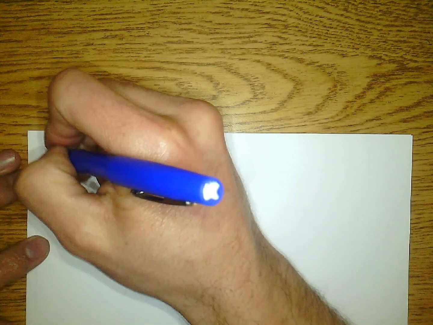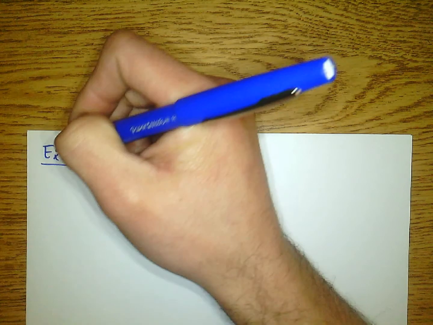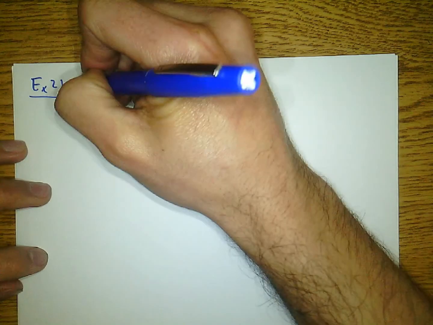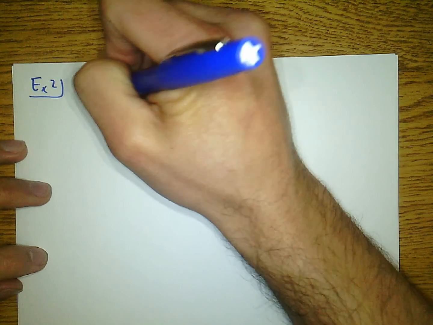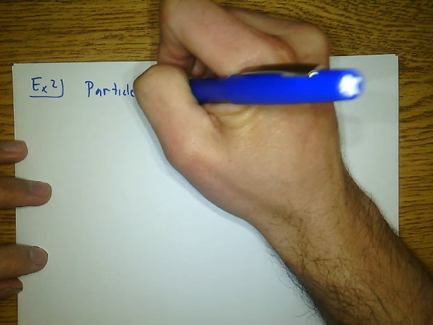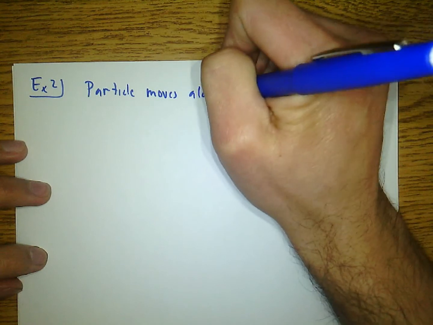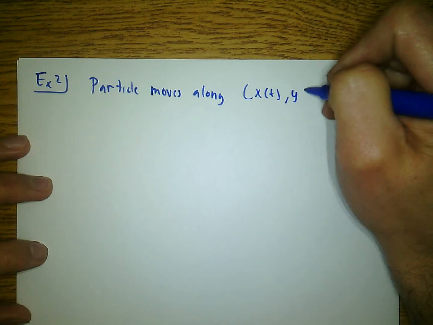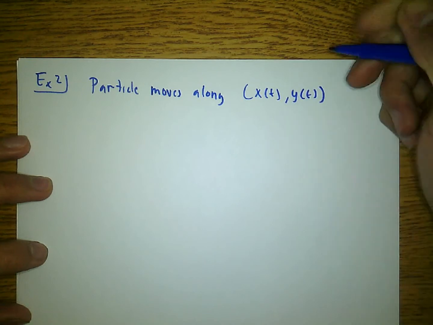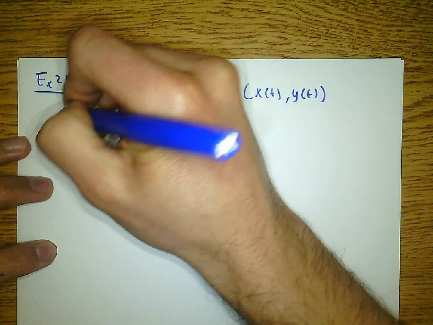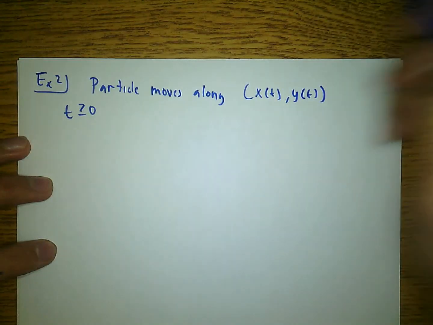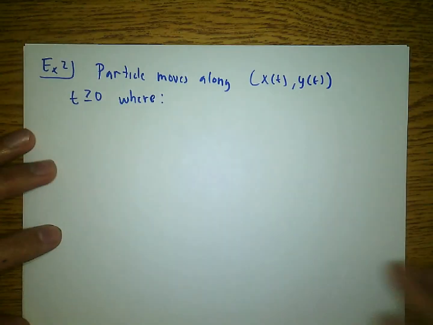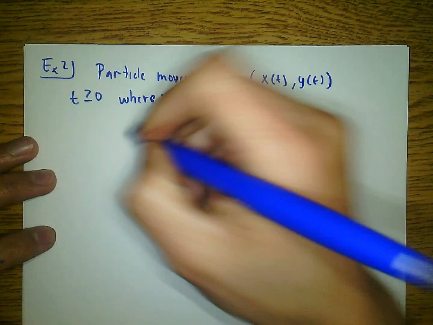Example number 2. All right, so we've got a particle that moves along (x(t), y(t)) for t greater than or equal to 0, where the following is information they're going to give you.